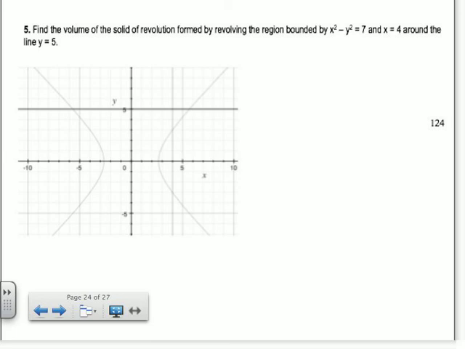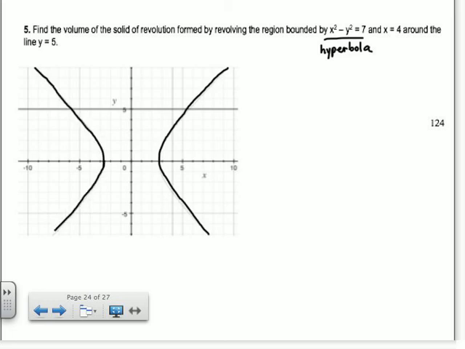All right, this is the hyperbola. So it's this. Okay, x equals 4 is this line. So the region that we're rotating is this.